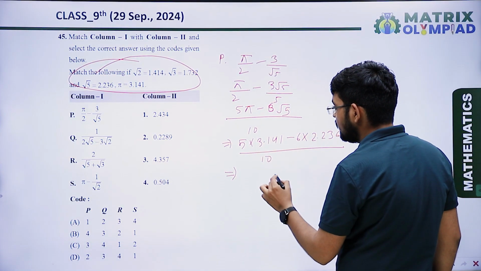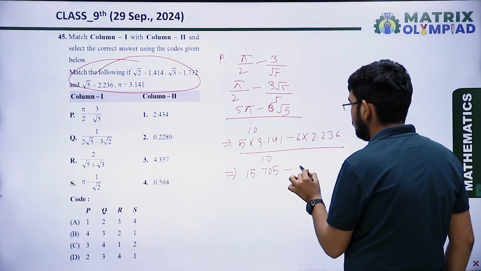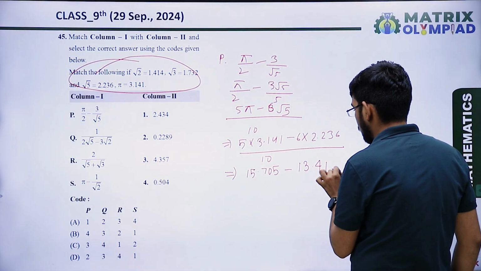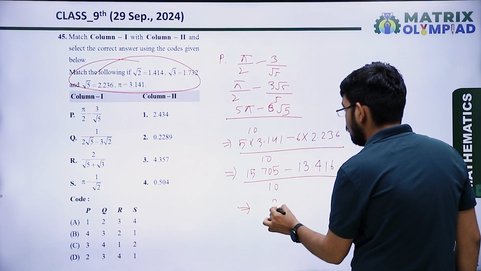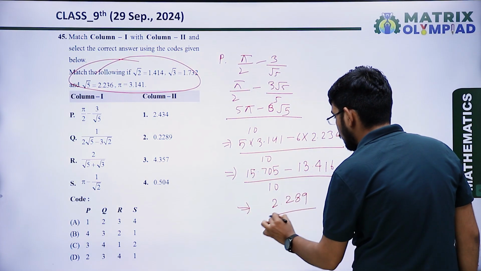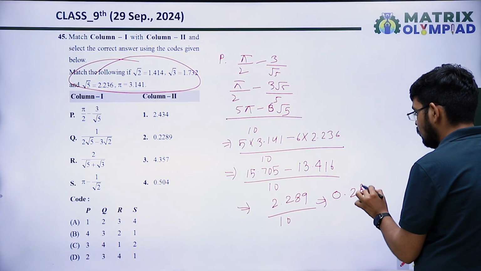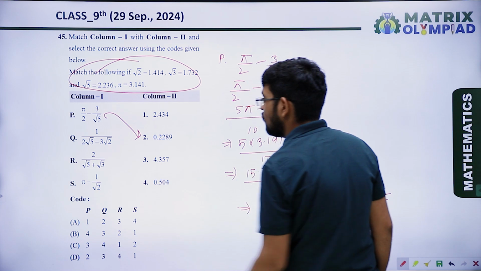So it will be 15.705 minus 13.416 upon 10. So you will get 2.289 upon 10, that is 0.2289. So the correct answer is option 2.